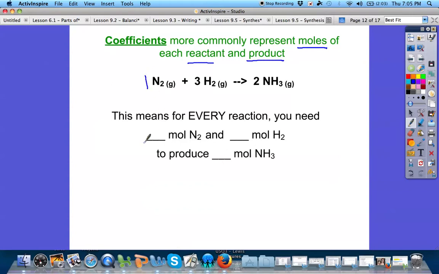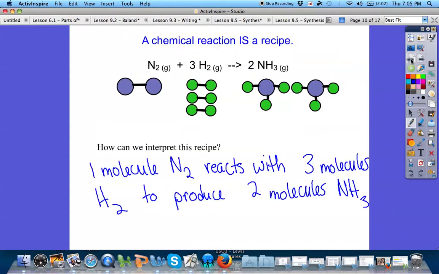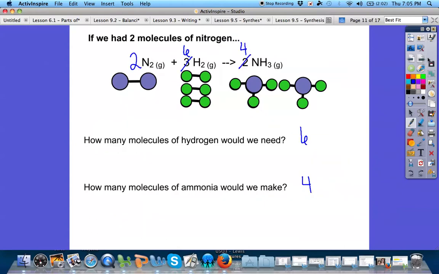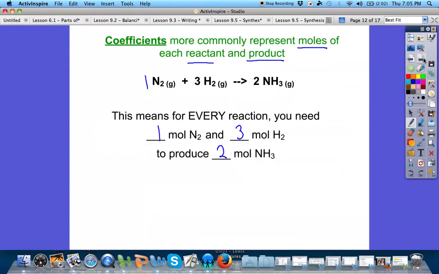There's a 1 here, so 1 mole of nitrogen and 3 moles of hydrogen are going to produce 2 moles of ammonia. So if you take a look here, 1, 3, 2, that is the same number of molecules. So the molecules and moles are going to end up being the same number. That's something to keep in mind. This will help you with your assignment later on.